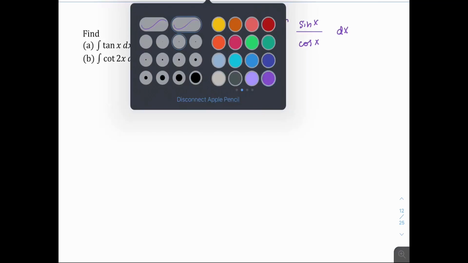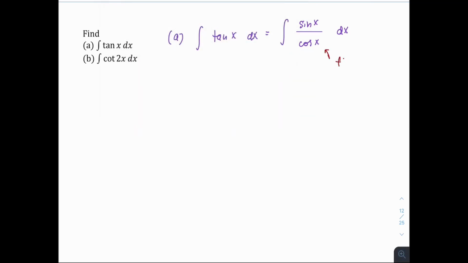Take note, the bottom part should be f(x) and the upper part should be f'(x). So let's differentiate cos x. Differentiate cos x, you should have negative sine x. So I need to add in a negative here and balance it by a negative outside. Therefore, the answer is negative ln of the bottom part of the fraction, which is cos x. That's how we integrate tangent.